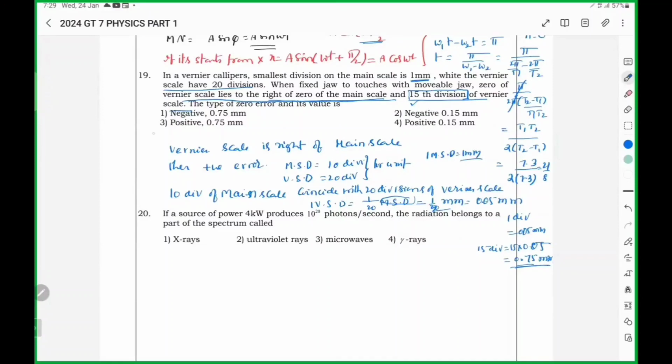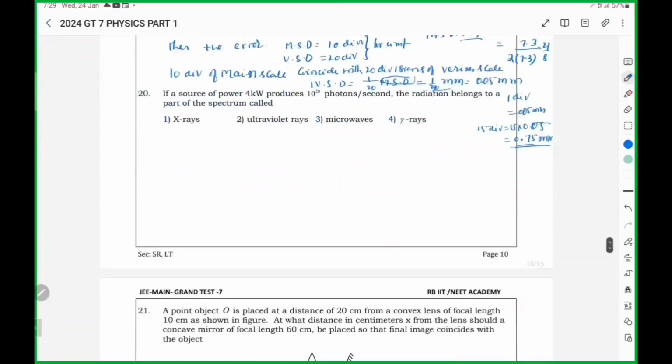Now the answer is error is positive and its value is 0.75 mm.